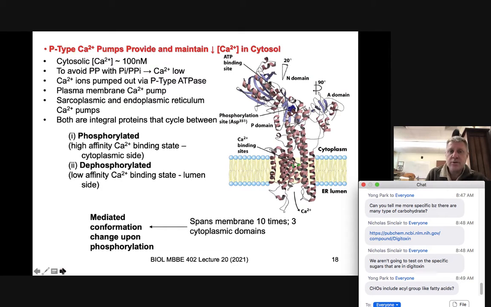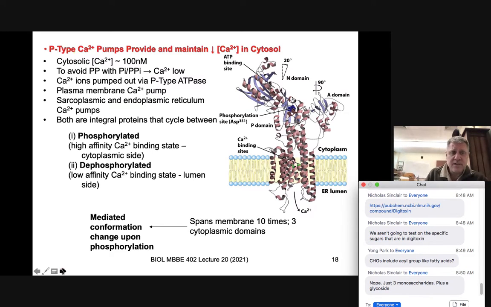We're going to do that by utilizing these P-type calcium pumps to decrease that concentration. They're continually working to suck up the calcium in the cytosol and move it into an organelle, in this case, the endoplasmic reticulum. But we're also going to pump these ions out using this ATPase, which illustrates a plasma membrane calcium pump.